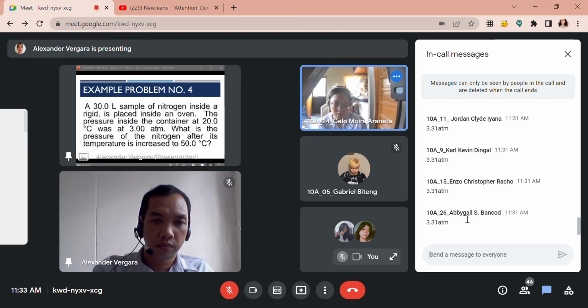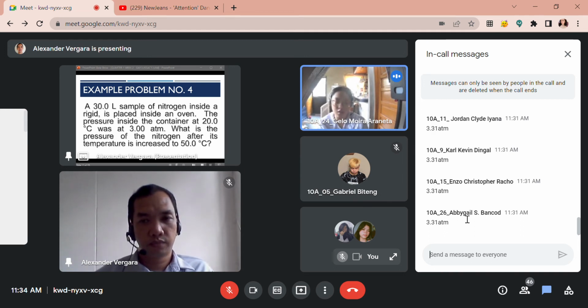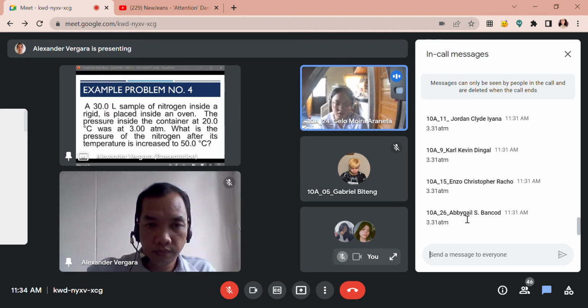First, I convert the 20 degrees Celsius to Kelvin, which is 293 Kelvin, and then 50 degrees Celsius to Kelvin, which equals 323 Kelvin.